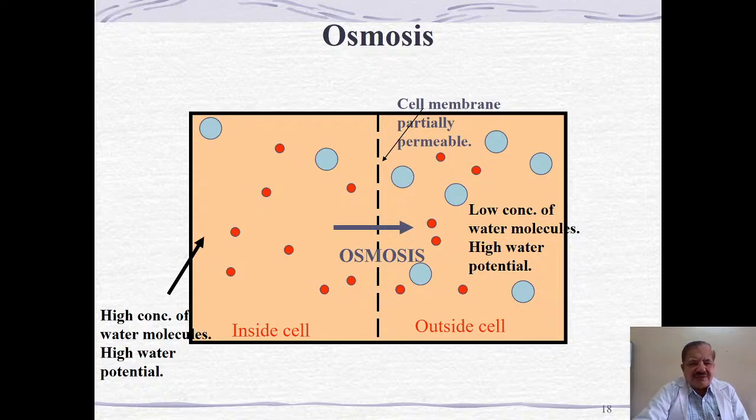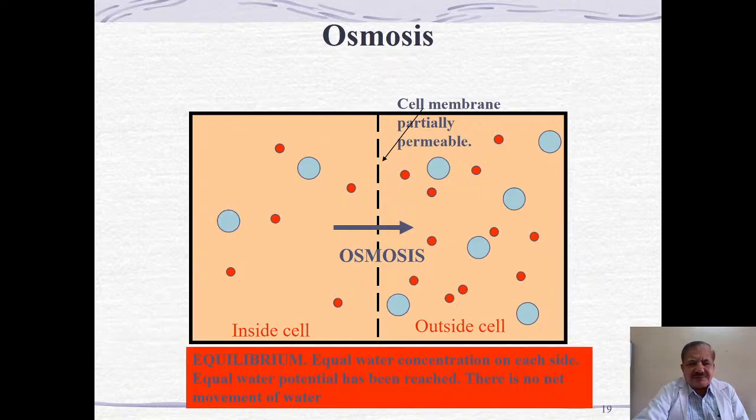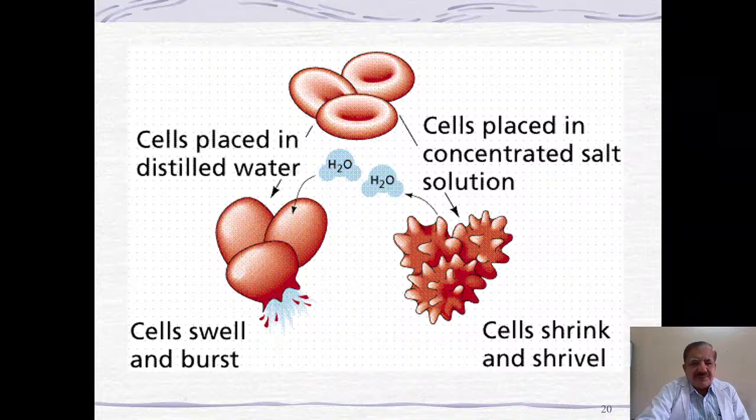Osmosis, as you are seeing, is from higher concentration to lower concentration. Once equilibrium is maintained, there won't be any movement at all, or the net movement is already over. As you see, if cells are placed in distilled water, they will swell.